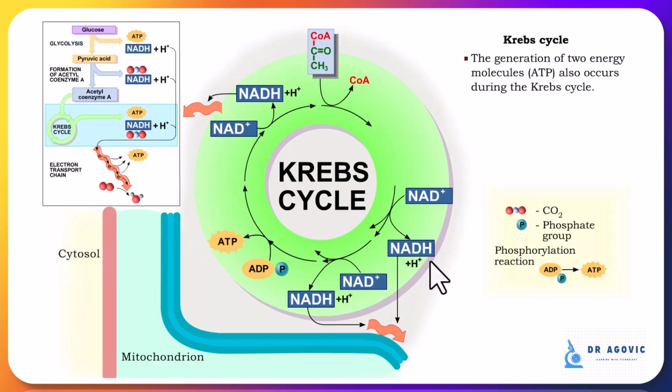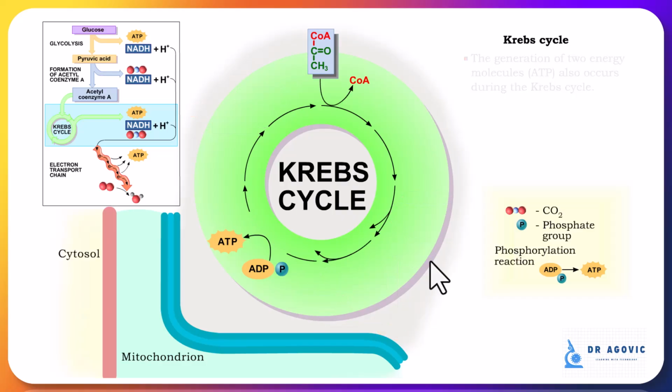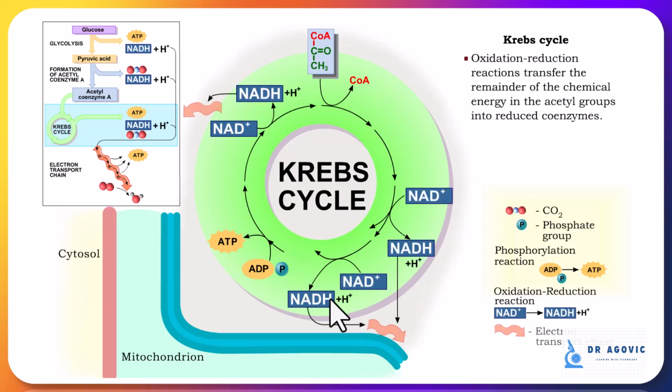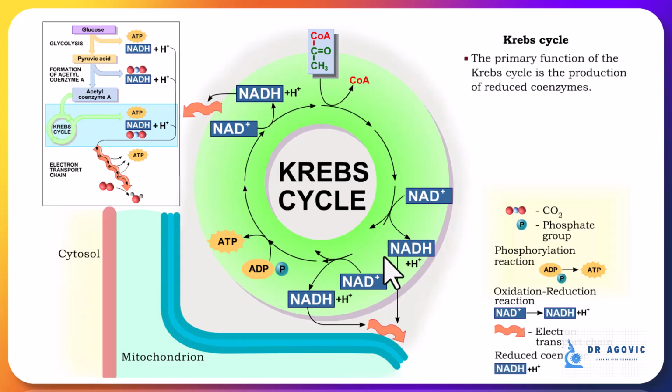It is in these molecules that most of the energy harvested from the original glucose is now resting. Let's see what happens to the NADH molecules in the next step, which is the electron transport chain.